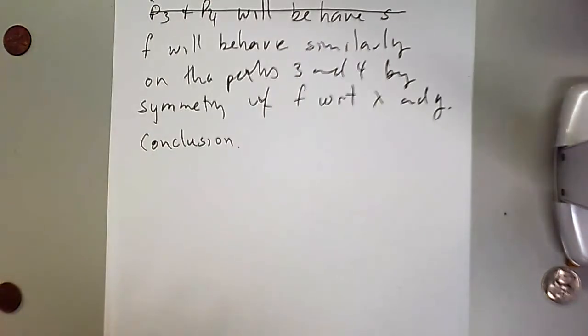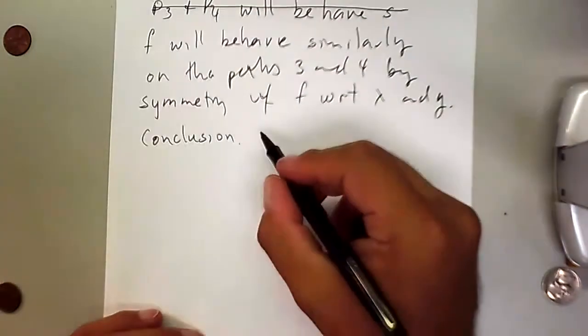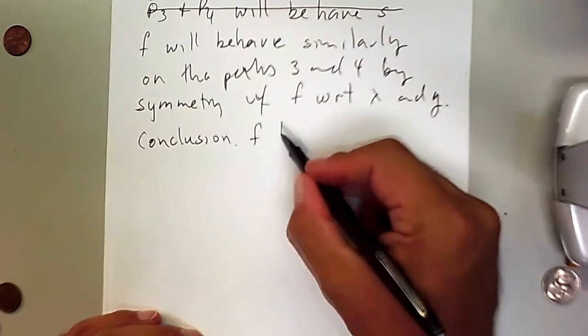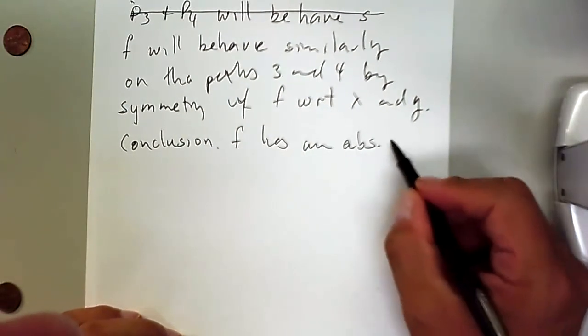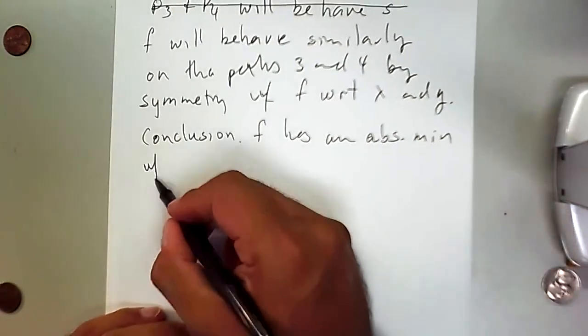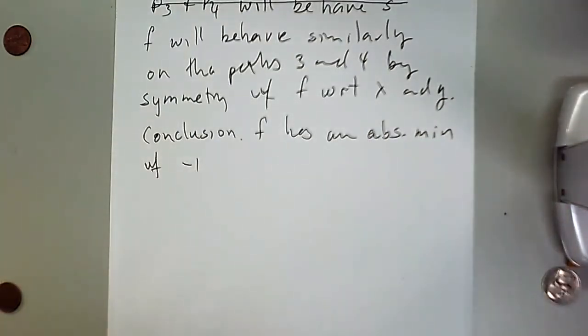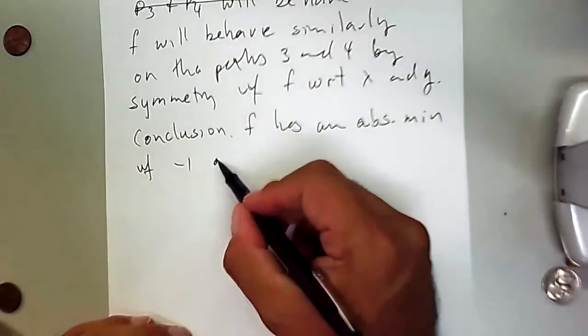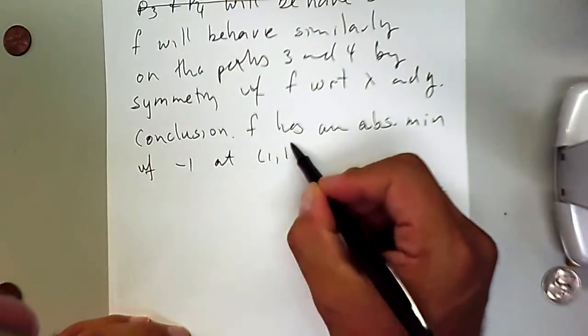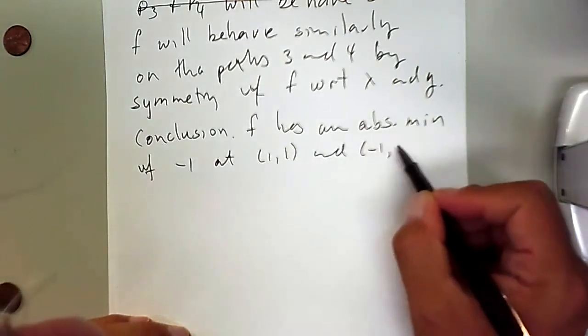okay, so we want to find all the absolute maximums and all the absolute minimums of f. So the conclusion is that f has an absolute minimum of -1. Remember, those are the two outputs we end up with here, at 1, 1, and negative 1, negative 1.